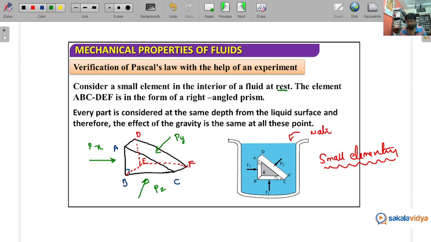This rest is very important. As I told you, the fluid will be in the rest condition. The element ABC and DEF is in the form of a right angled prism. Every part is considered at the same depth from the liquid surface, and therefore the effect of gravity is the same in all directions, or at all these points.